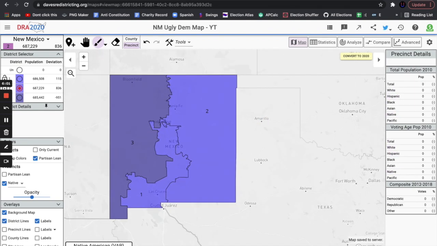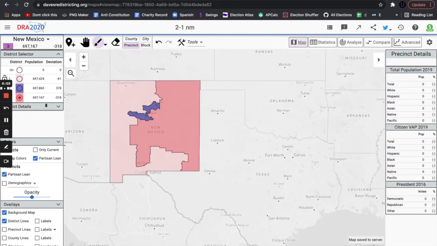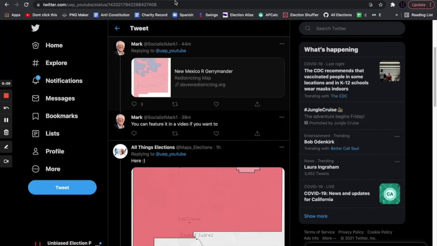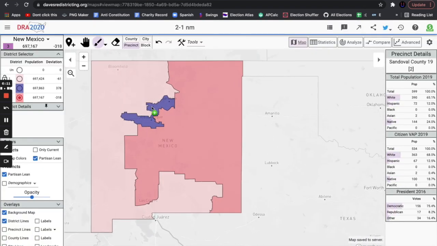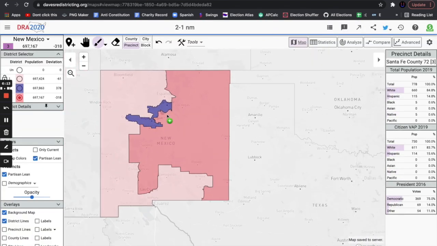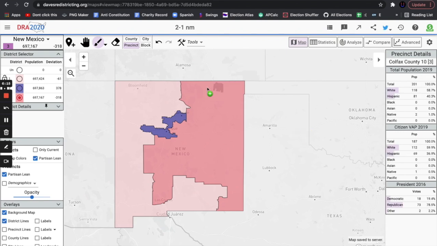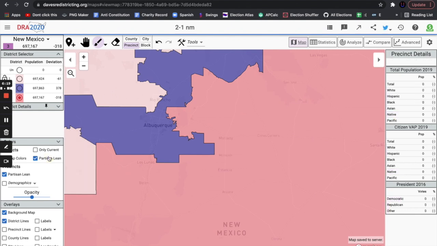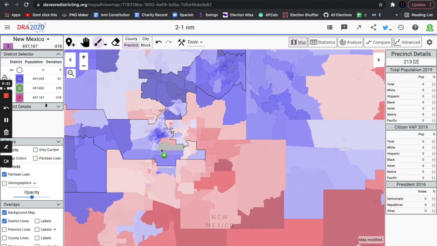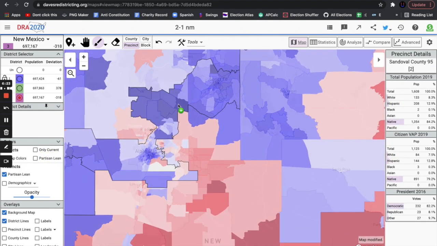Now, taking a look at this really bad Republican gerrymander, there are quite a few on Twitter. I can show you guys. Some people replied to my tweet. So, essentially, this is a map that I've used. I kind of cheated. I used a 2012 to 2016 composite data, and I basically just packed the Democrats into one district that went from Albuquerque and the suburbs that are pretty blue up to Santa Fe.